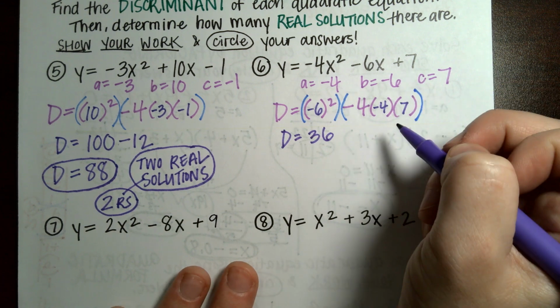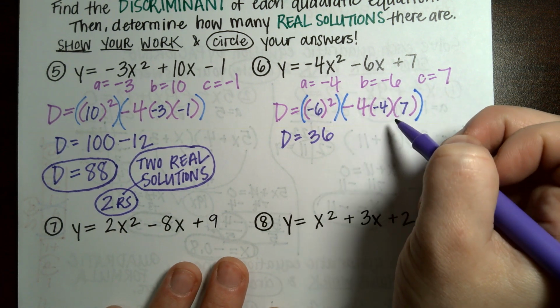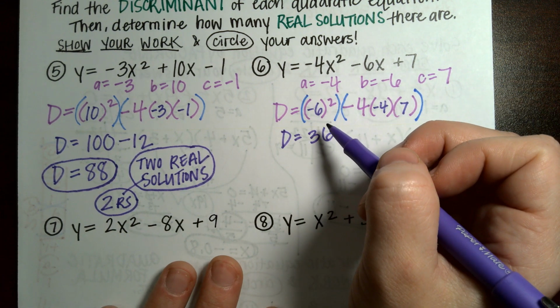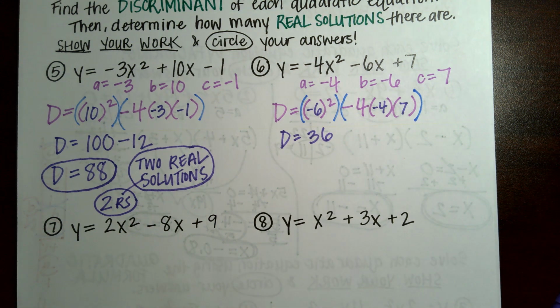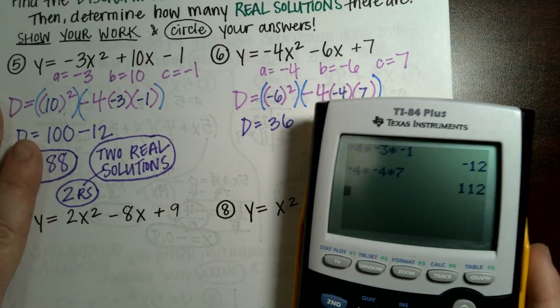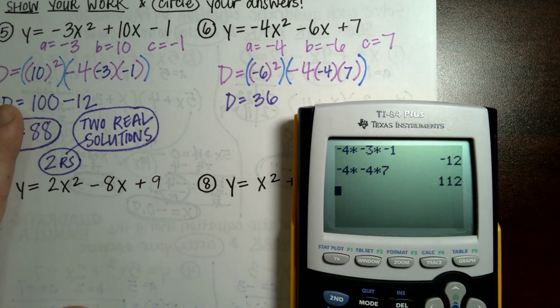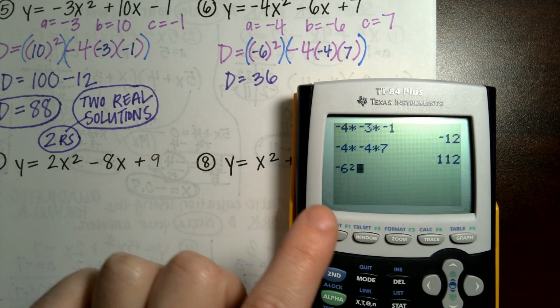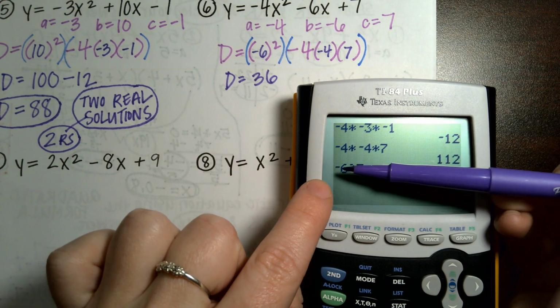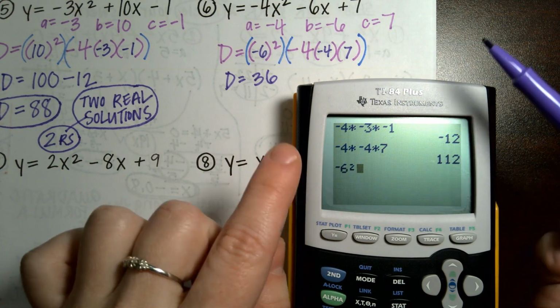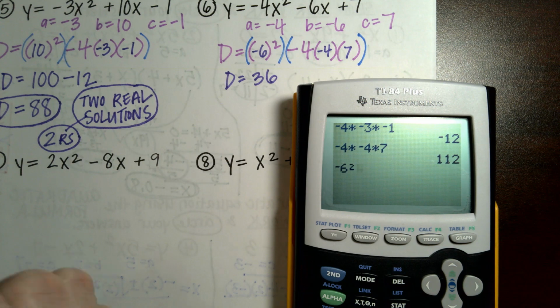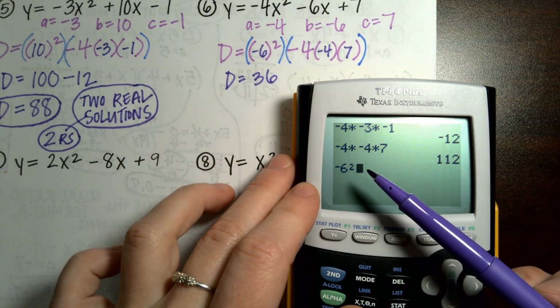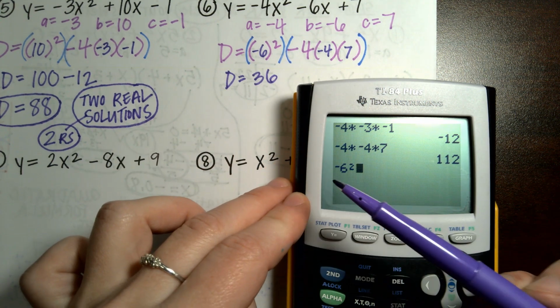Wait, so I'm confused. What are you confused about? Cause I put -6 squared on here and it came out to -6. Okay, so we've talked about this a couple of times, but let's make sure we all remember this. If you type -6 squared in your calculator, it's going to read this as -1 times 6 squared, so it does 6 squared first and gives you 36, and then makes it negative.